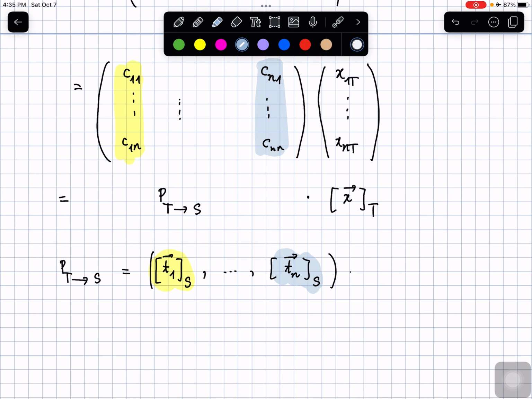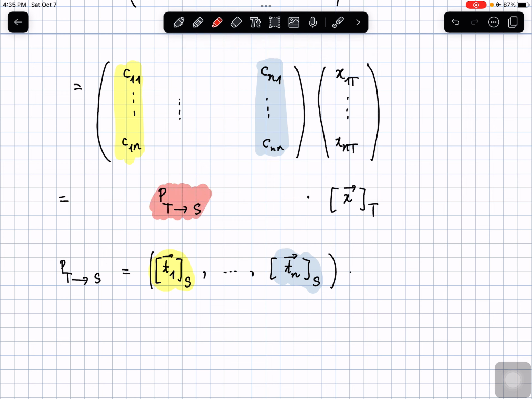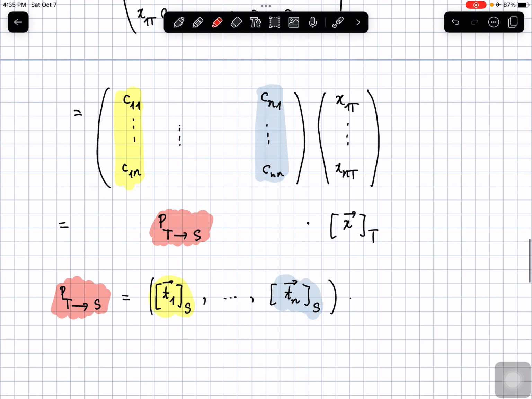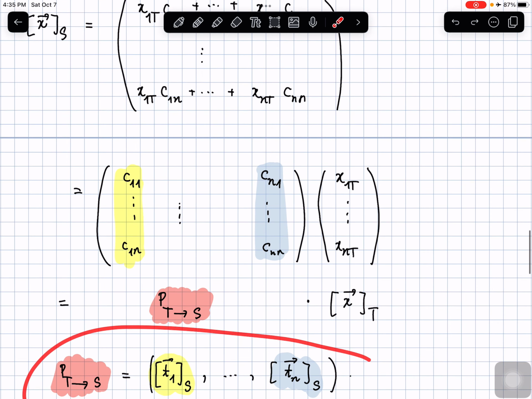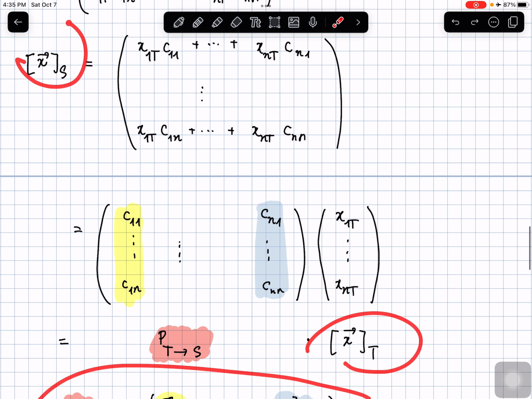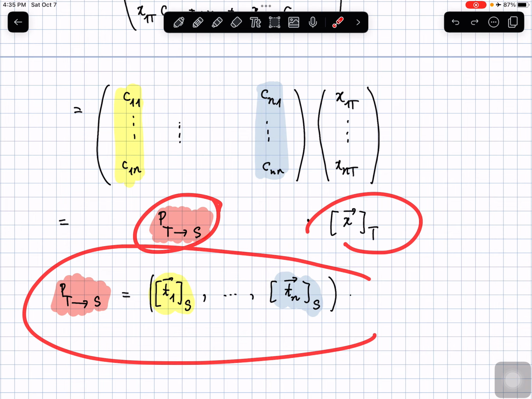Therefore, we have the transition matrix here. That's why it makes sense to define the transition matrix from T to S as this matrix.